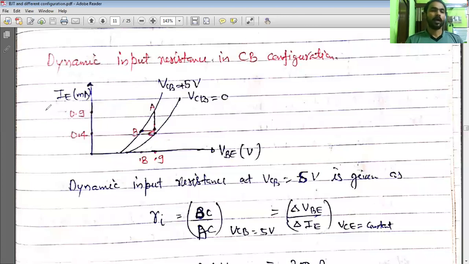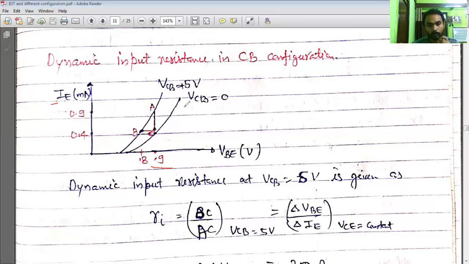Again, I have a curve, we know that. Let us consider that at some voltage 0.8, I have a current at point B, and at some voltage 0.99, I have a current at point A, and this is C. Now I have to find the dynamic resistance here. I can find dynamic resistance at some constant voltage.